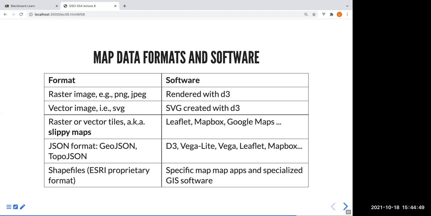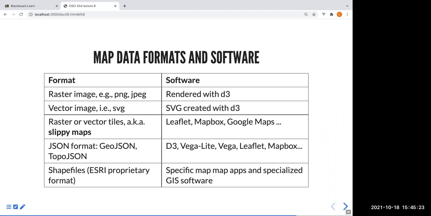I'll tell you what it is in a second, such as Mapbox, Leaflet, and others. I won't do it with Google Maps, but if you're interested, I can tell you a bit about it. And you can also use other tools that are a little bit more sophisticated, that have a grammar such as Vega and Vega-Lite, because they also support maps.